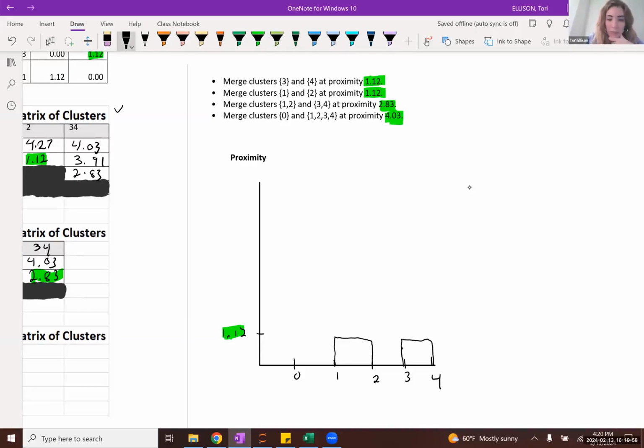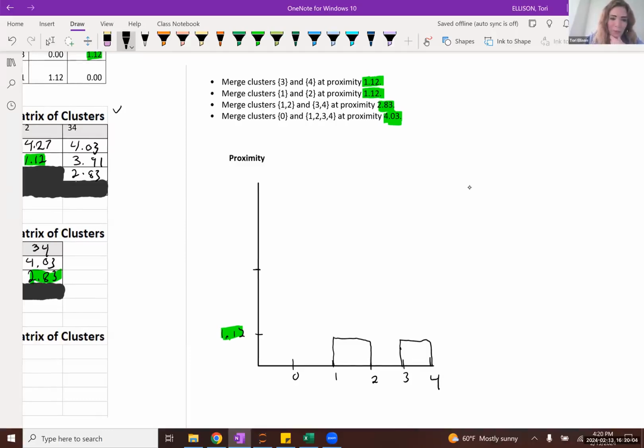Okay, and then 1, 2, 3, 4 are going to merge at a proximity of 2.83, so we'll merge around this height here.